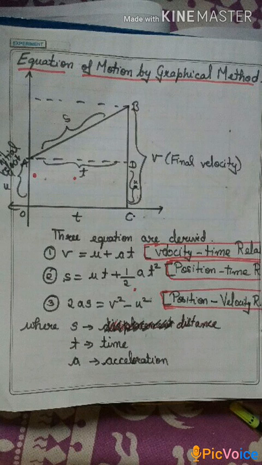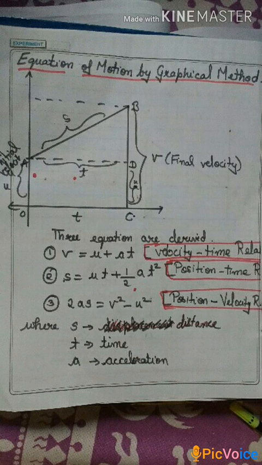Now, how to derive the first equation. They have considered the definition of acceleration. We have seen before what we mean by acceleration. Acceleration is the change of velocity divided by the time. Once again I will repeat it: acceleration is defined as the rate of change of velocity.